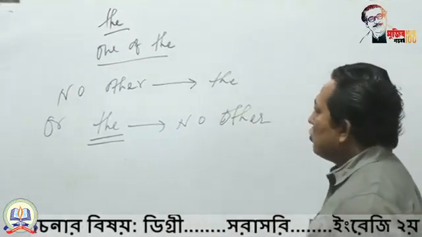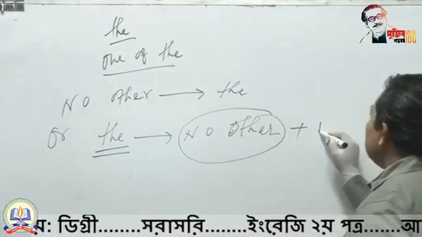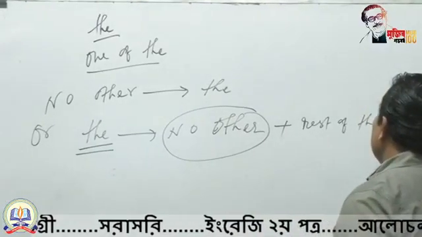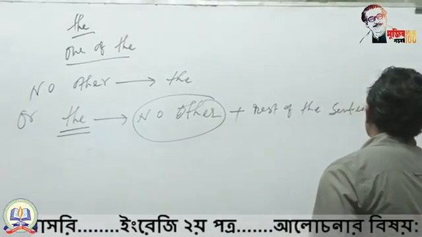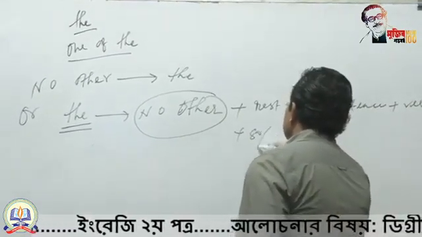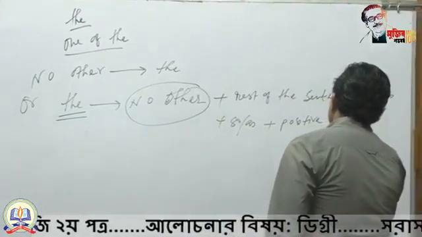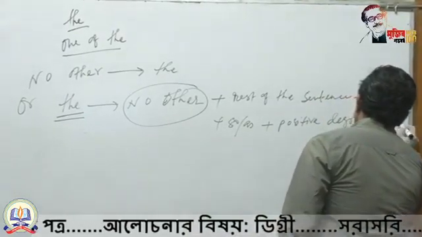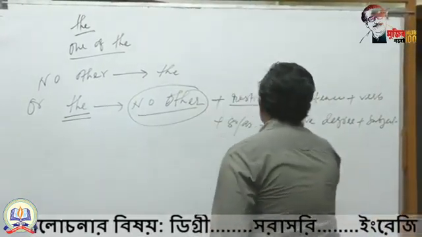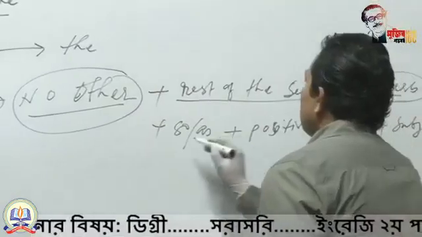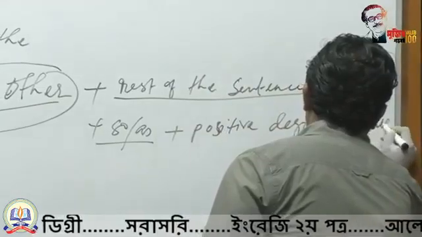And what will be the structure here? It is very easy. No other, plus rest of the sentence, plus verb, plus "so" or "as," plus positive degree, plus "as," plus subject.